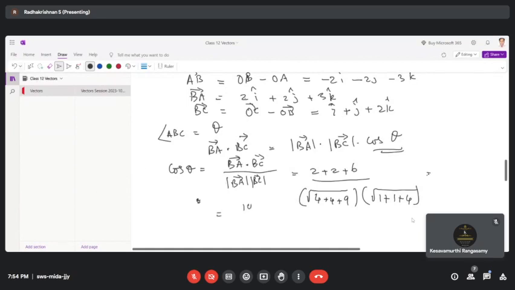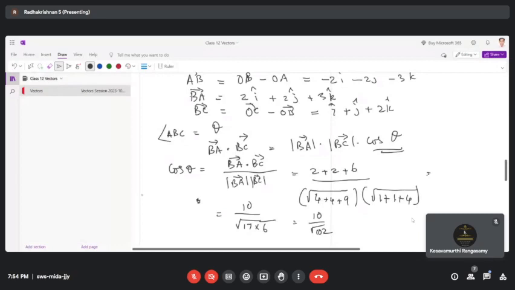So numerator is 10, denominator is root of 17 into 6. 10 by square root of 102. That's all. So that is cos theta.